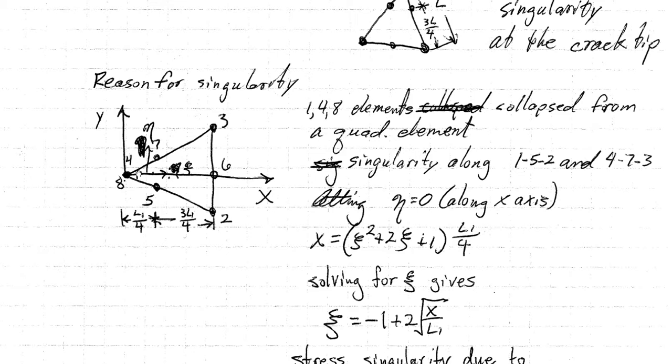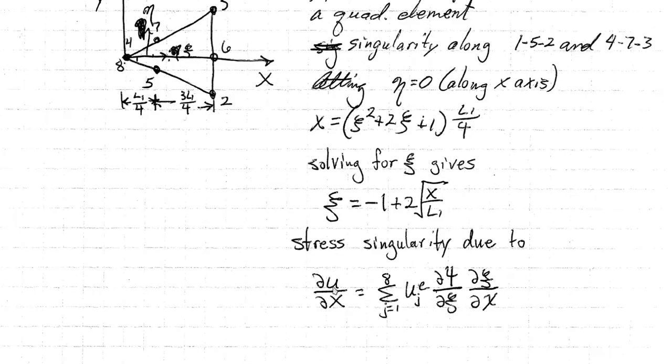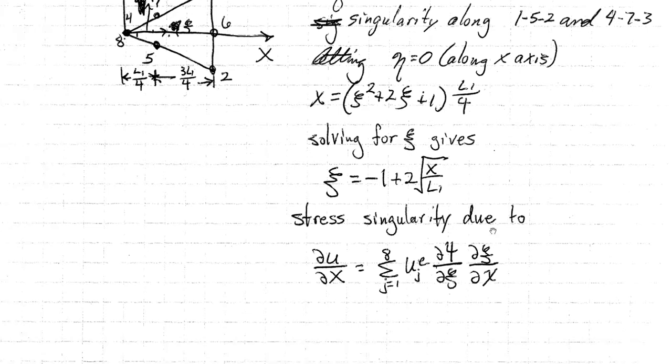So you notice as this goes to 0, you've got this square root x term, and when you take a derivative on your displacement, this is proportional to your strain, and that ends up with a 1 over square root x term, which then leads to the effect of a stress singularity in terms of 1 over square root r. So that's where this comes from in this case.